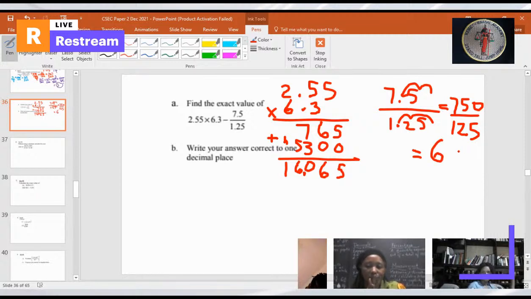And now we're going to subtract 6 from 16.065. Do I put the 6, miss, right under the 6 for the 16? Okay, because it's 6 ones. Alright. Yes, miss.